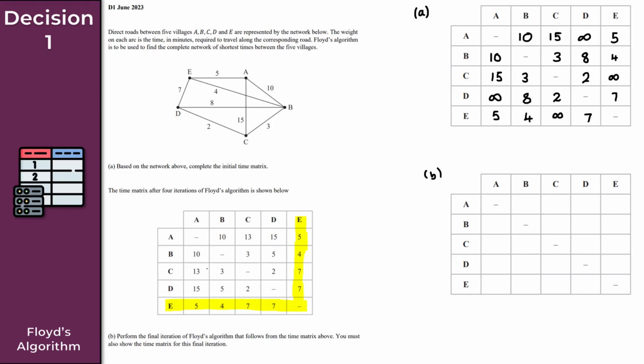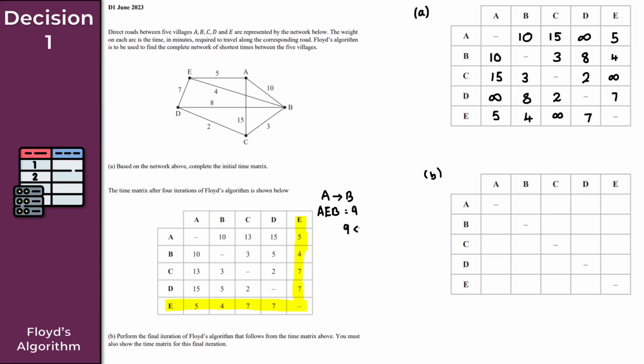So using the given network, what I need to consider is can we shorten the distance for AB, which has a weight of 10 based on this fourth iteration, by going via E. So for A to B, I go from A to E and then E to B, so that is A, E, B. Now AEB has a weight of 5 plus 4, so 5 plus 4 is 9. And is this value, which is 9, less than this value here? Well, clearly 9 is less than 10.